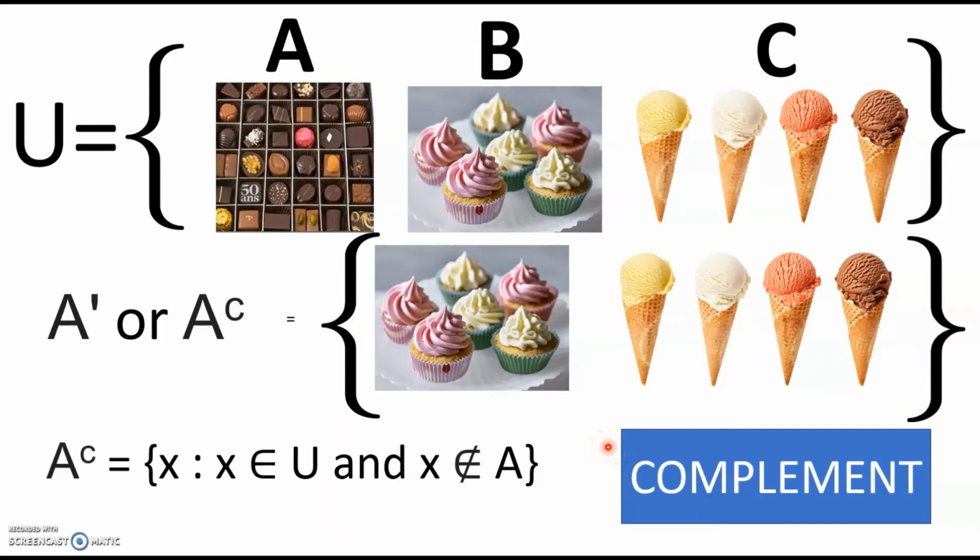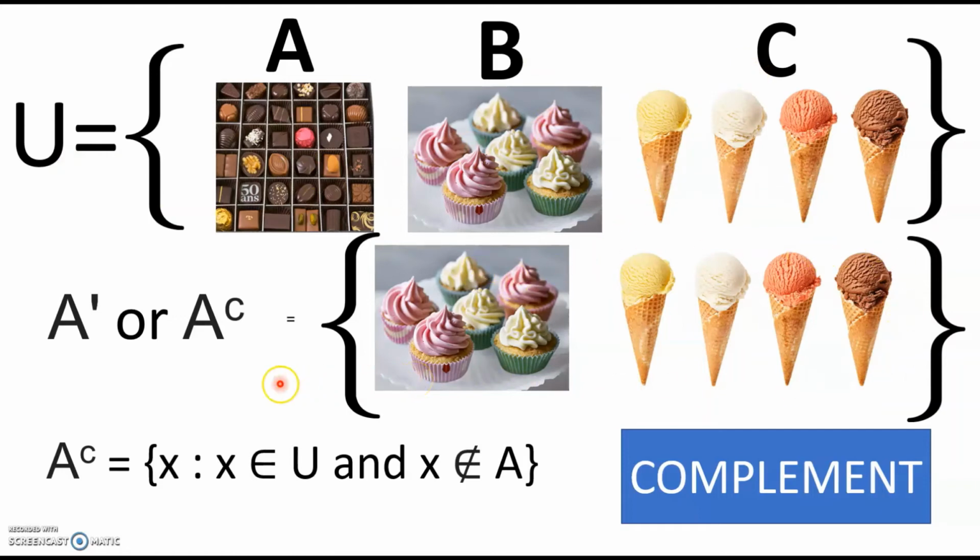Next, let's see what is the complement of a set. Set A is a set of chocolates, and if I say A dash or A complement, what I mean is all the elements that are in U except the ones that are in A, which means I will remove the elements of A from U and put B and C together and make a set.